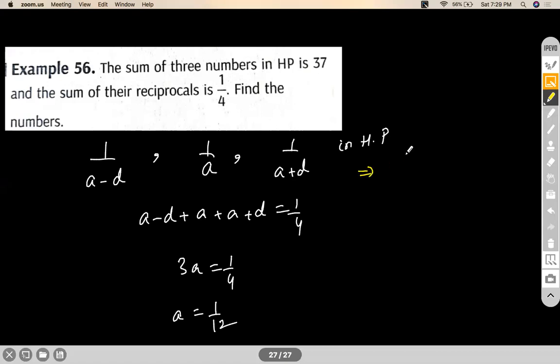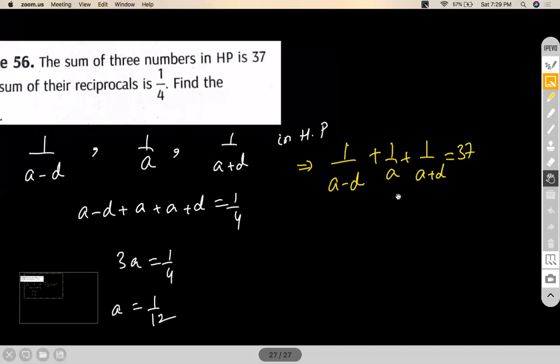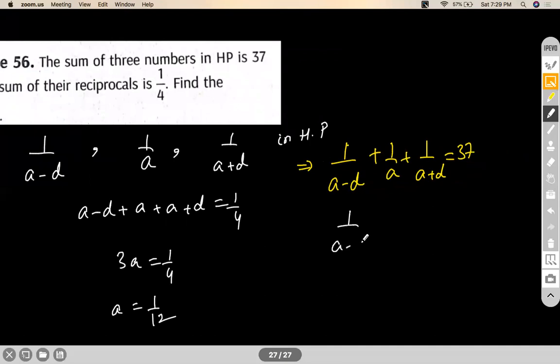Correct? So if you put it over here, let's put it over here: 1 by A minus D, 1 by A, 1 by A plus D is equal to 37, right? And A is 1 by 12, so this term will become 12. So 1 by A minus D plus 1 by A plus D will become 37 minus 12, which is 25.